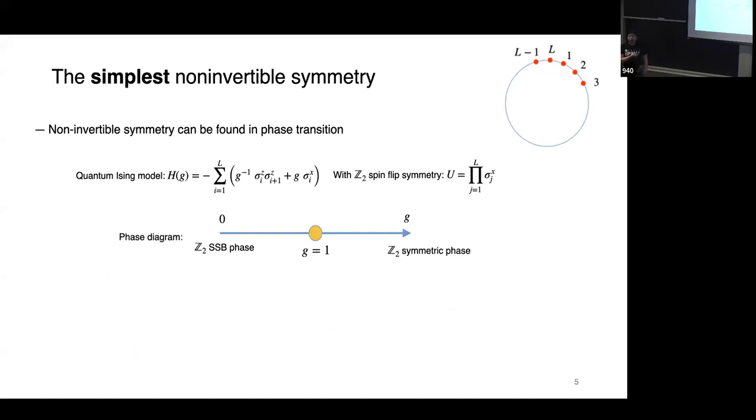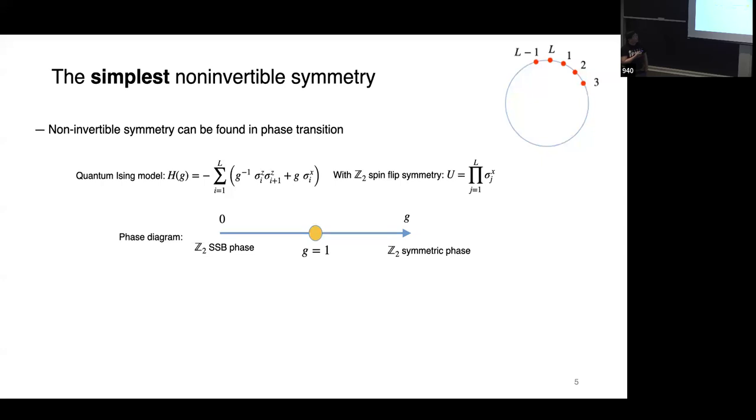Now I will show you the simplest case of non-invertible symmetries. Non-invertible symmetries can be found in phase transitions. Our setup is a closed spin chain with L sites, and on each site there is a spin up and down, and we can act with sigma z and sigma x on each site.